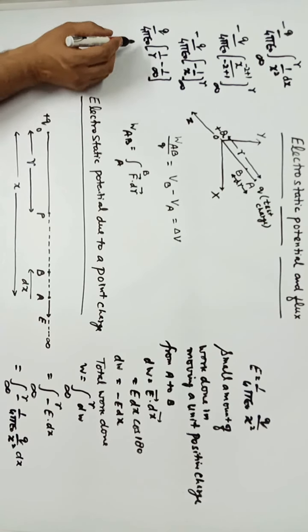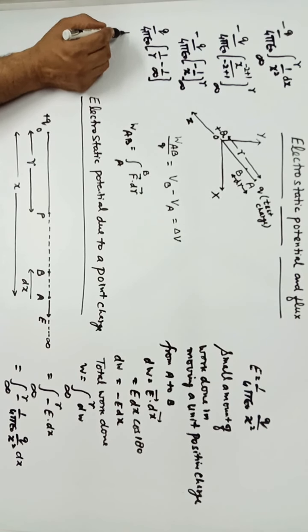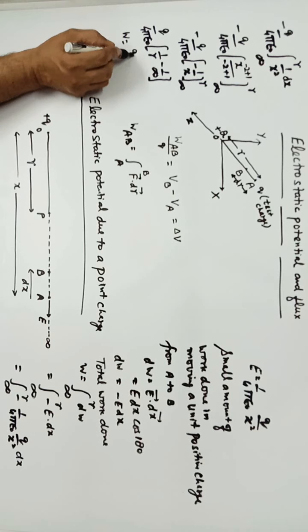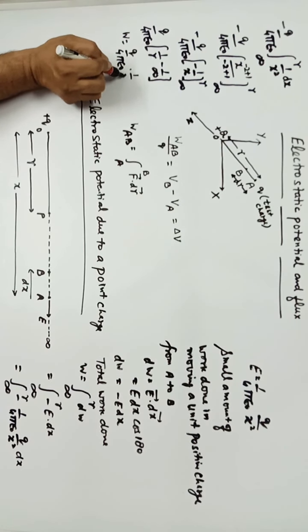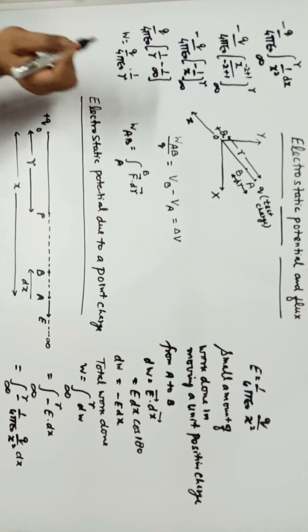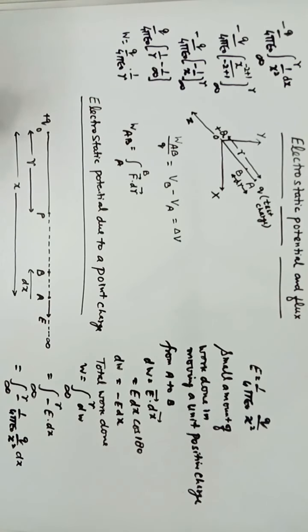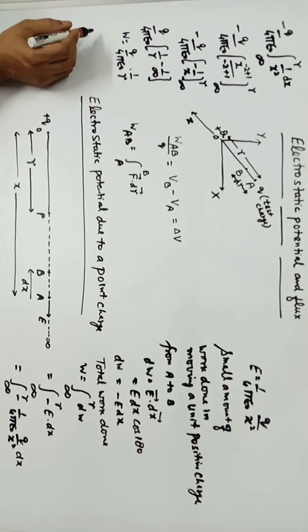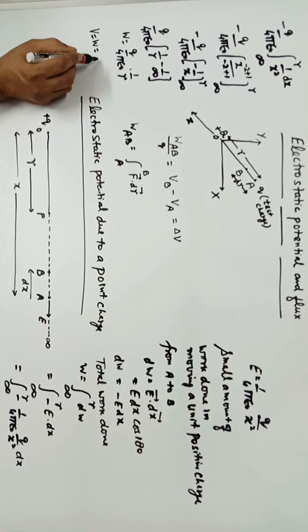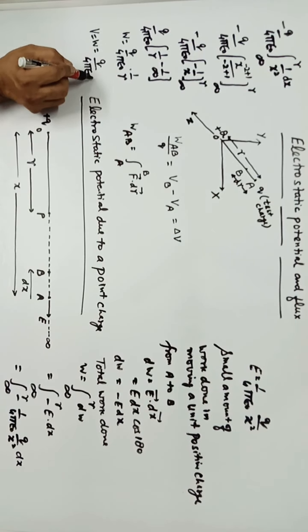1 upon infinity is 0, so we have the value of W as q upon 4 pi epsilon naught, 1 upon r. By definition, this is the electrostatic potential at the point P due to charge q. So we write V is equal to W is equal to q upon 4 pi epsilon naught r.